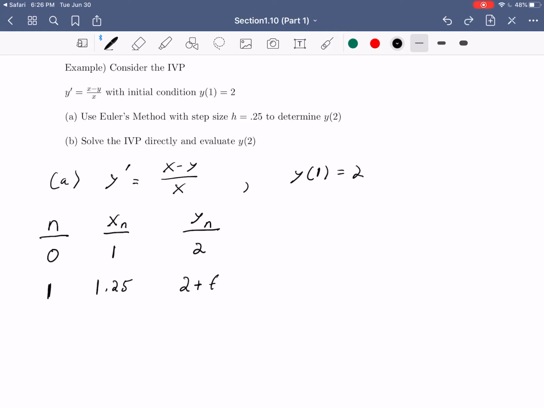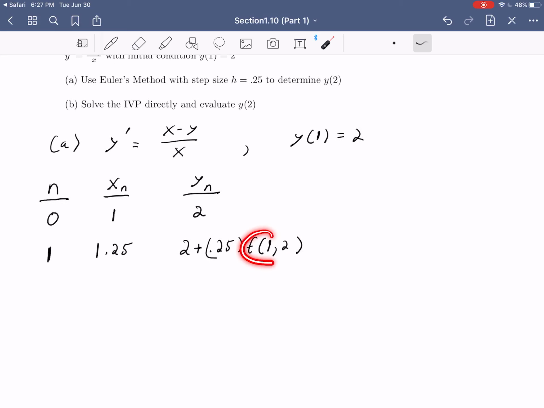And we've got to get our h in there. So we have our h, which is 0.25, times our differential equation evaluated at (1, 2). So we're saying we start with our initial y, we move forward by our step size of 0.25 times whatever our slope is.